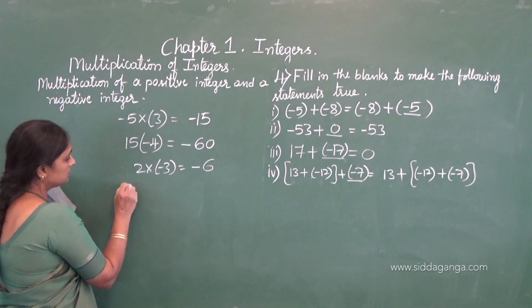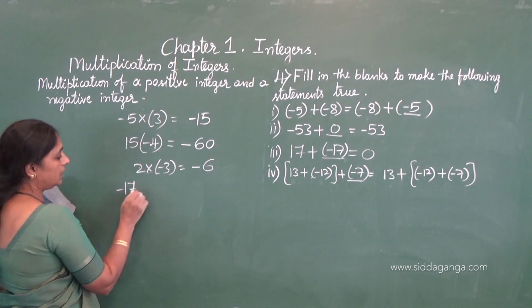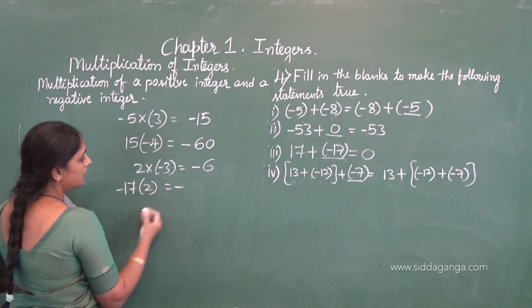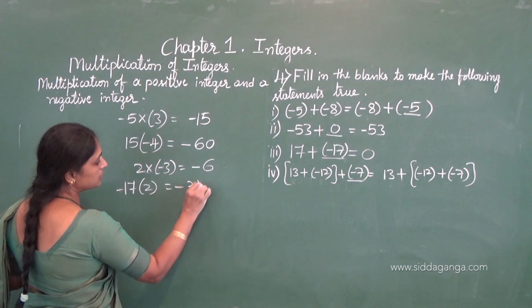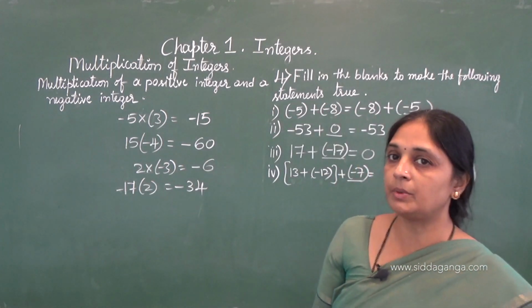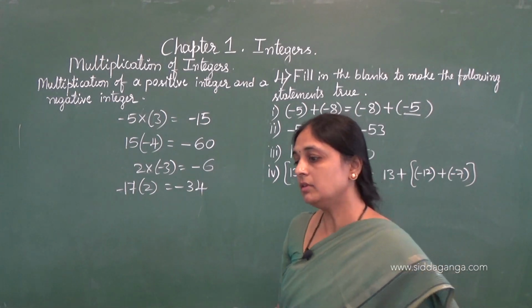Then minus 17 into 2, minus into plus is minus. 17 twos are 34. So like this we can do multiplication by taking a positive integer and a negative integer.